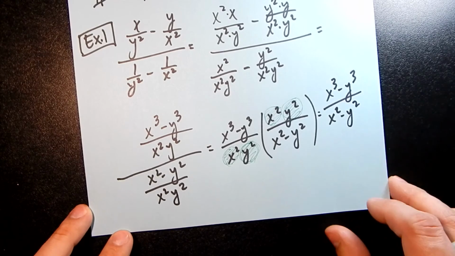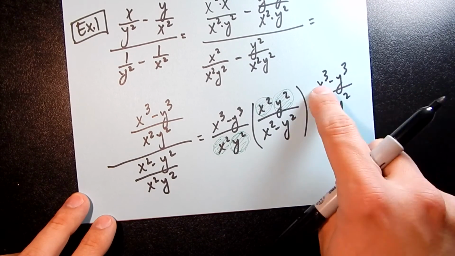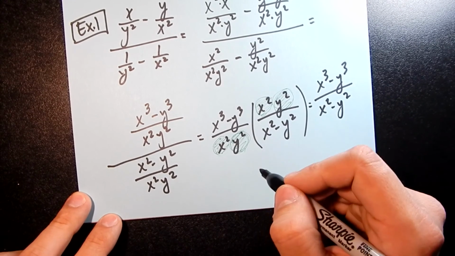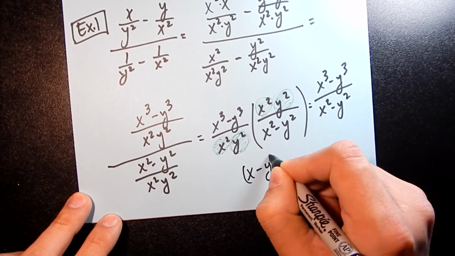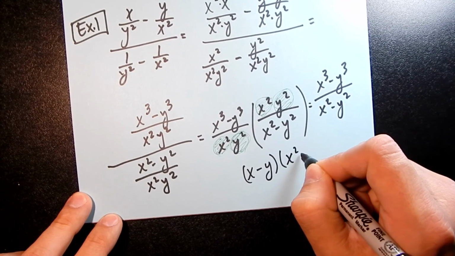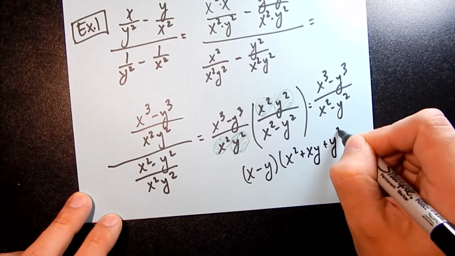So the difference of cubes here, I'm going to see if I have enough room. This factors in a very particular way. So x cubed minus y cubed becomes x minus y times, what do we have here? X squared plus xy plus y squared.